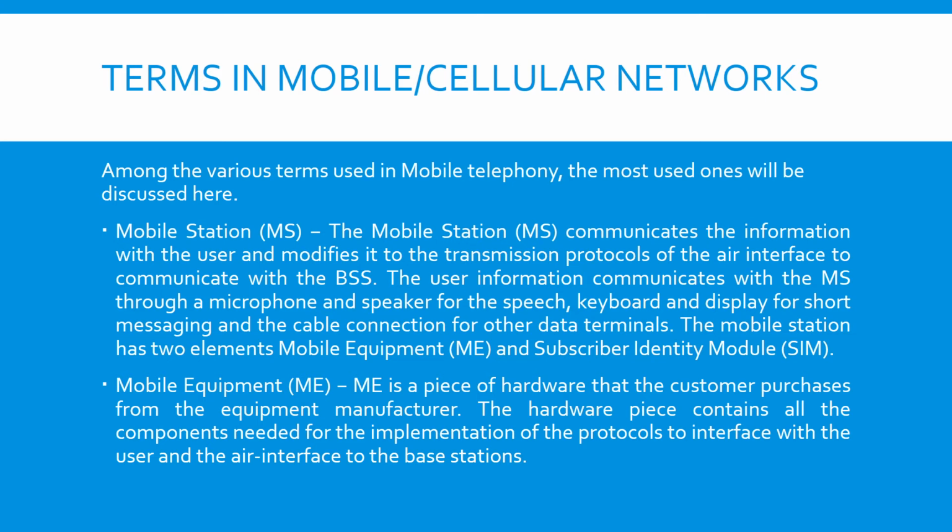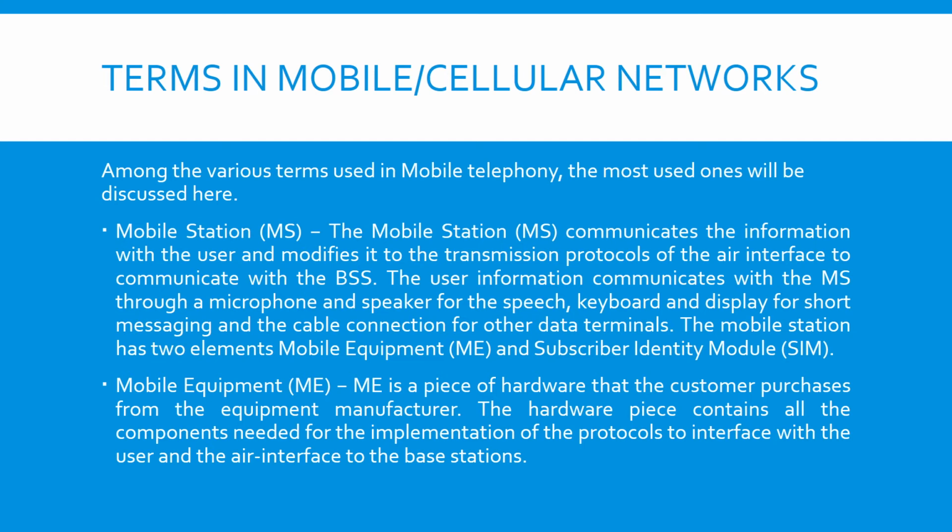The mobile station has two elements: mobile equipment and subscriber identity module. So the mobile station is physically your mobile only, in which you have two subcomponents, that is the instrument which is able to receive and send the signals in analog form, and the subscriber identification module, that is the SIM card, which is mandatory to connect to a network.